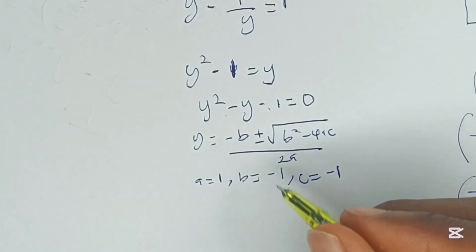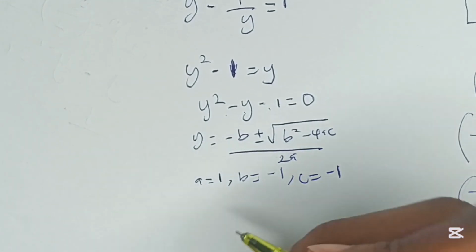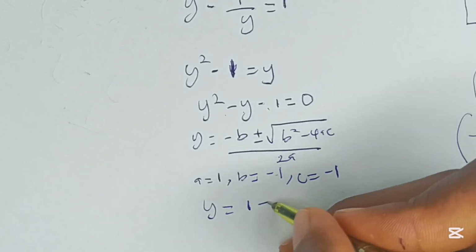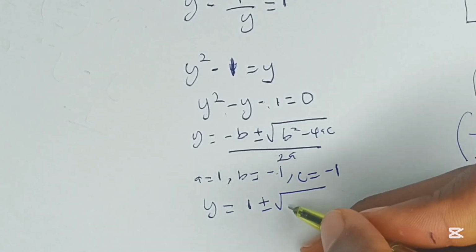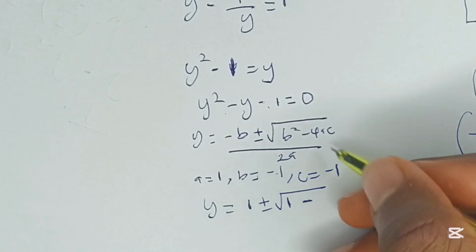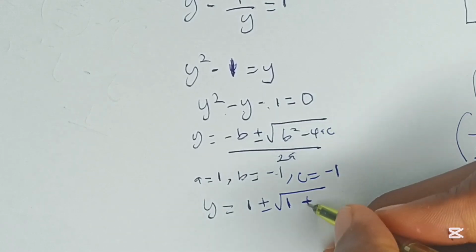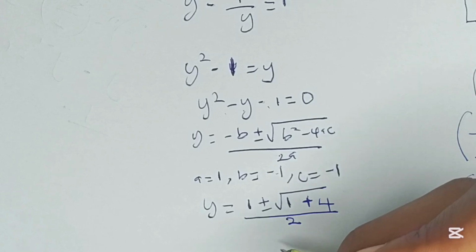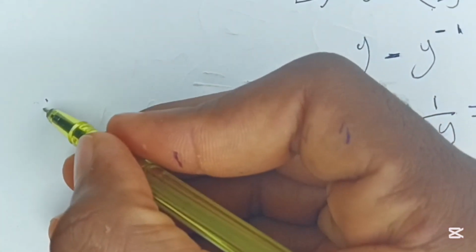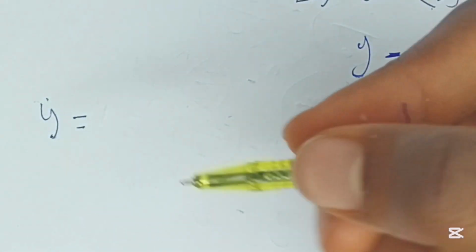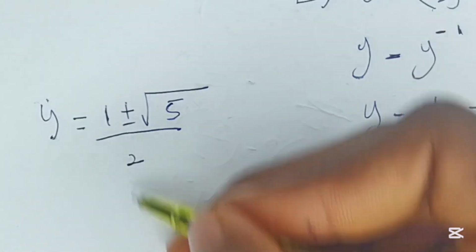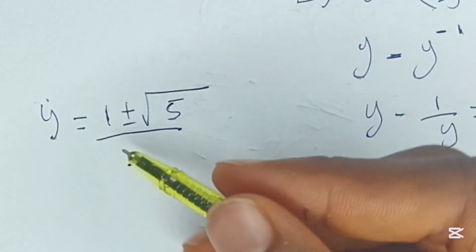Now y will be equal to minus of minus 1, which is 1, plus or minus square root of 1 squared, which is 1, minus 4 times minus 1, which is plus 4, all over 2. We now have that y is equal to 1 plus or minus square root of 1 plus 4, which is 5, all over 2. So this is what our y is.